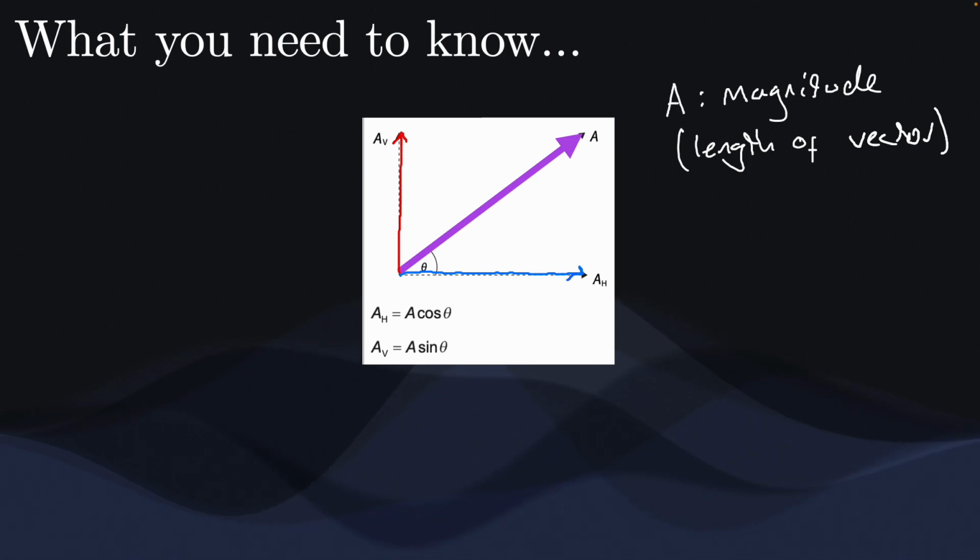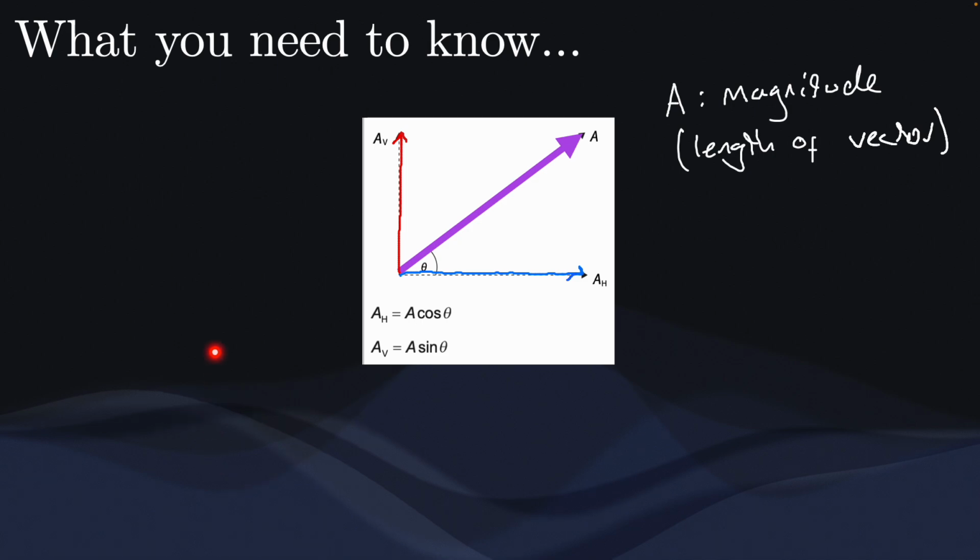Because it's flying at a certain angle theta to the horizontal, it has a speed going upwards and a speed going horizontally. If the spaceship was just moving horizontally, it would have only a horizontal speed and no vertical speed. If it was moving straight up, it would have only a vertical speed and no horizontal speed. But because it's moving diagonally, it has both a horizontal and a vertical speed.